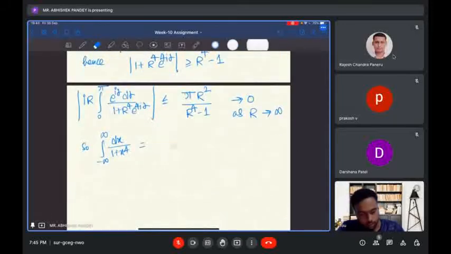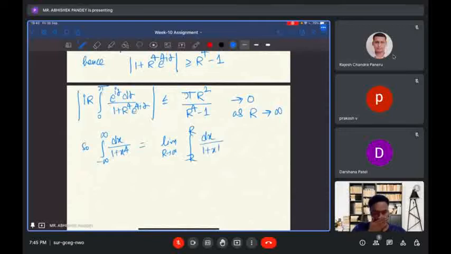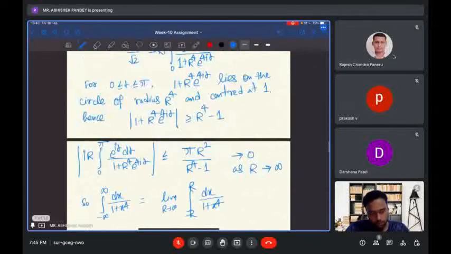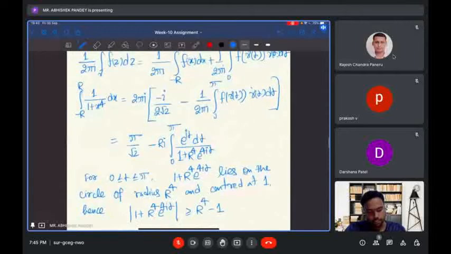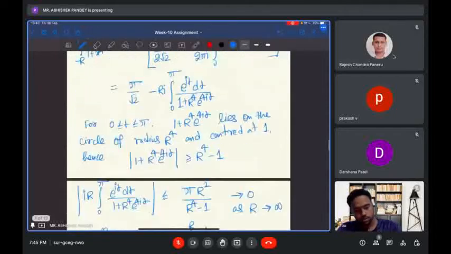So once you take r tends to infinity, this quantity goes to 0.